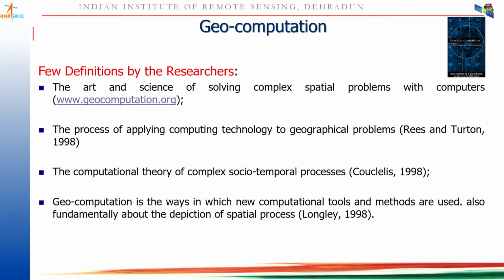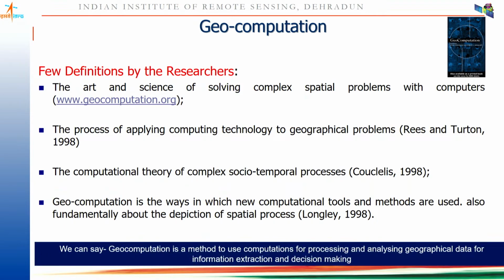Another definition says that geocomputation is the way in which new computation tools and methods are used, and is fundamentally about the depiction of spatial processes. Looks like a little complex definition, but here you are dealing with spatial processes, the processes dealing with space and time data, especially to solve geographical problems.